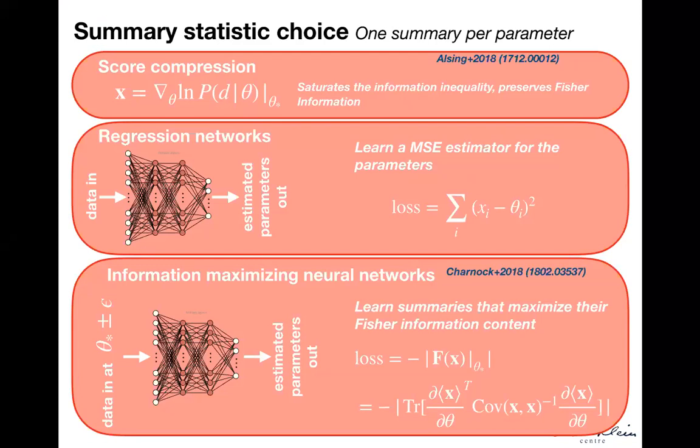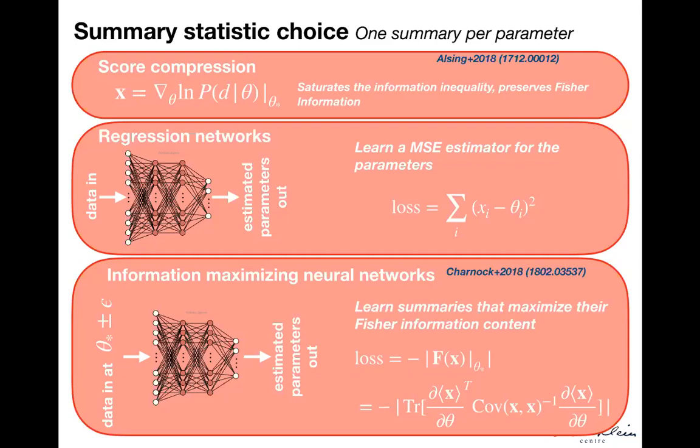This is motivated by two things, I guess. For us as cosmologists, we've been measuring the same 6 numbers for the last 200 years, so we already have a pretty good idea of where those numbers are. We really only care about having optimal summaries in some neighborhood of parameter space.